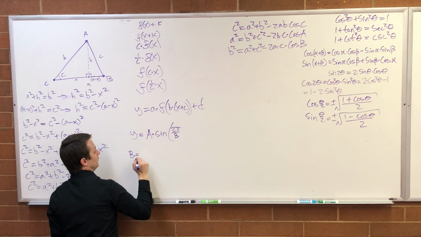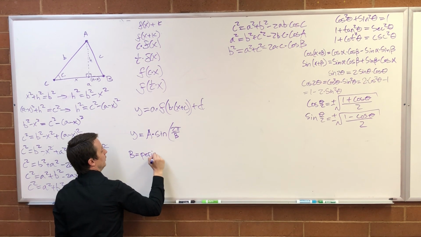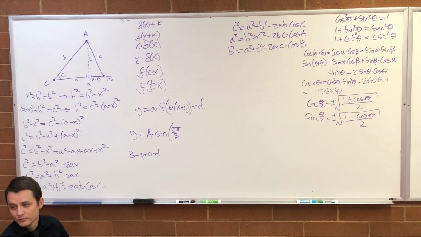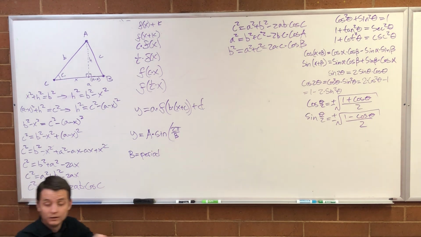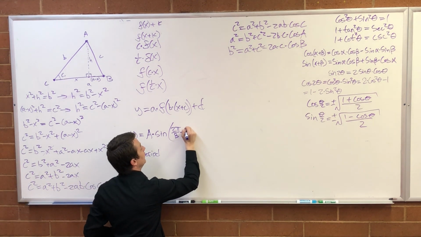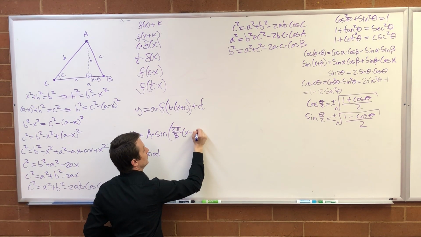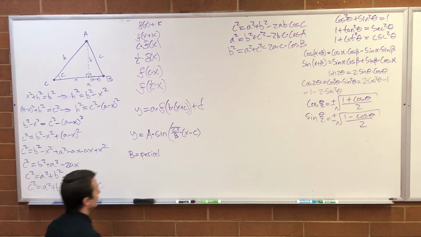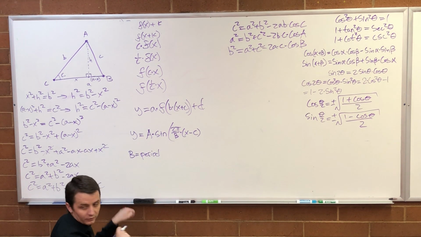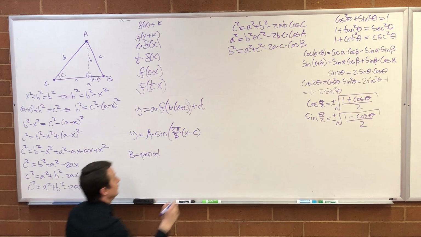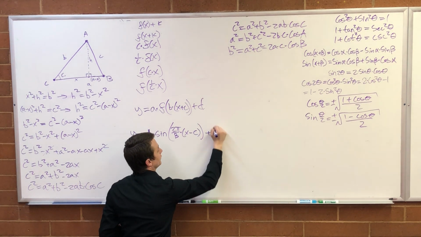B is equal to the period of the wave, that's how often it repeats, times x minus c. I think in physics we typically use an omega there, but that's the shift, and then plus d.